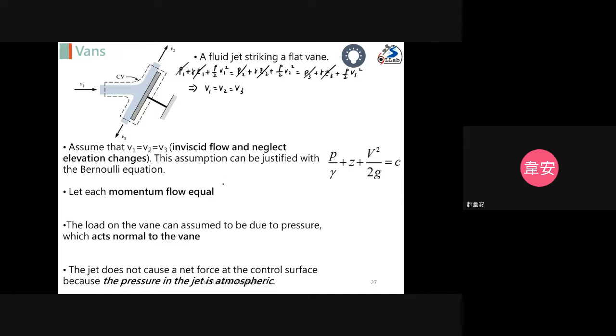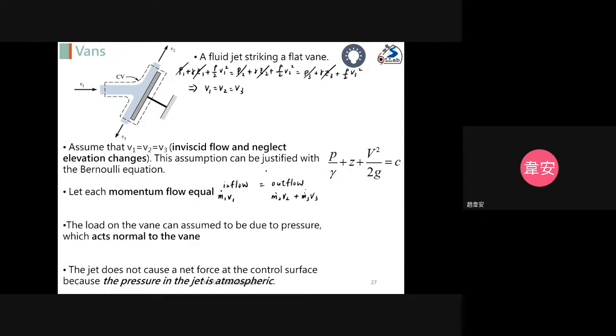That means the inflow always equals the outflow momentum. So what is the inflow? The inflow here is the mass flow rate 1 multiplied by V1, our inflow momentum. The outflow momentum is the mass flow rate 2 times V2 plus the mass flow rate 3 times V3.